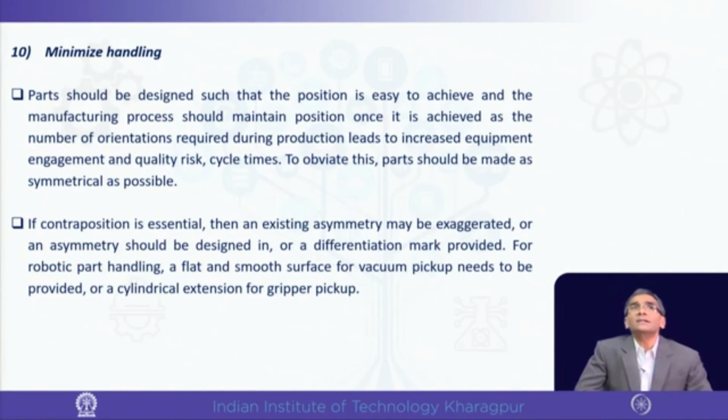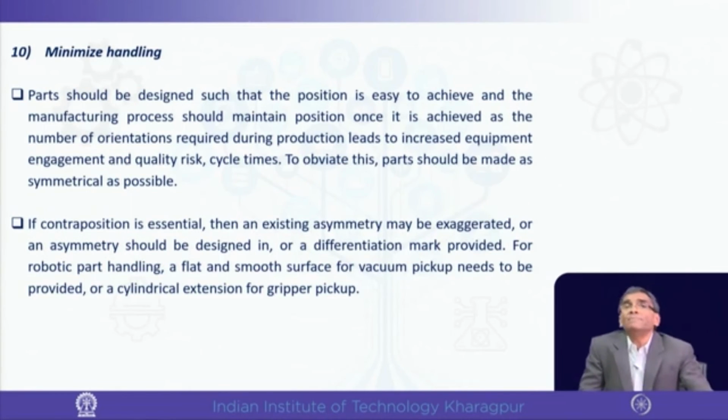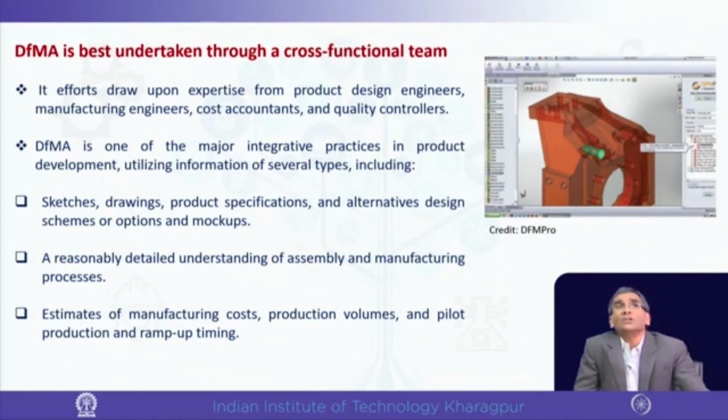So, those are certain features to be put in the product that help in material handling. It is a part feature incorporated for the convenience of material handling, which otherwise would become expensive. So, these are helpful tips for design for manufacturing.